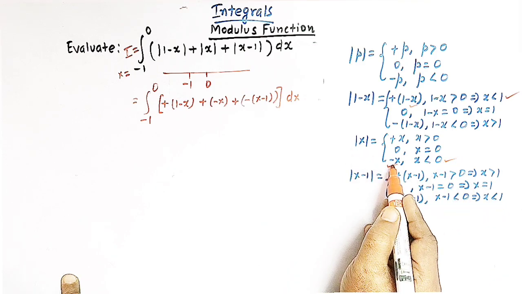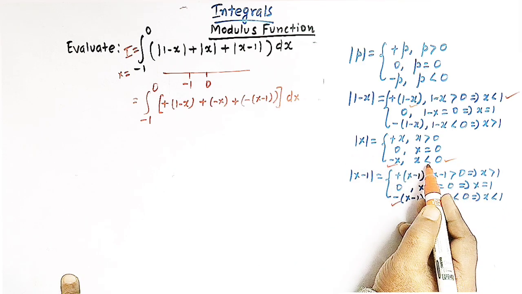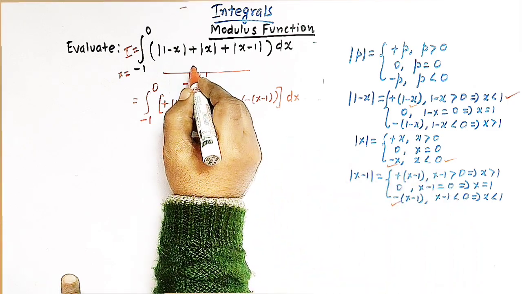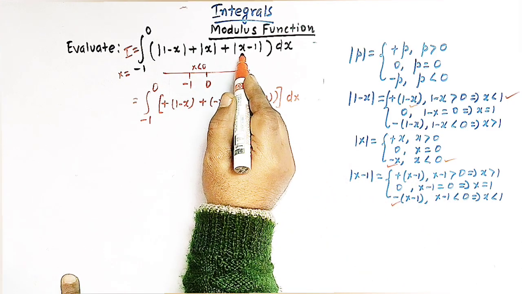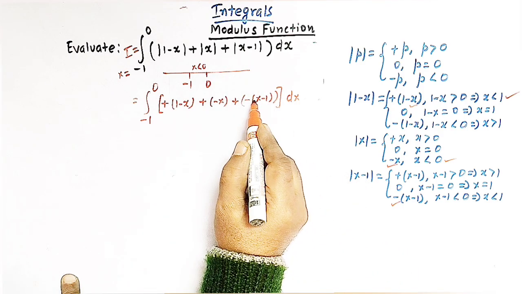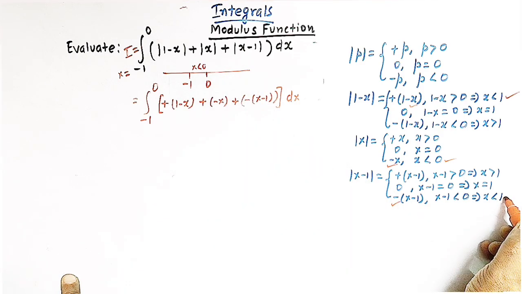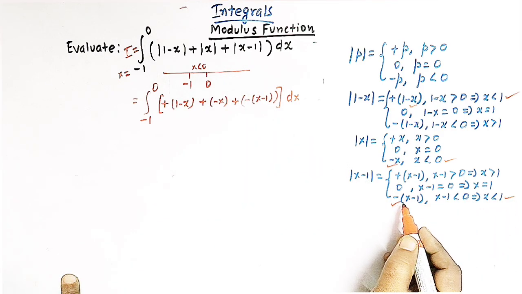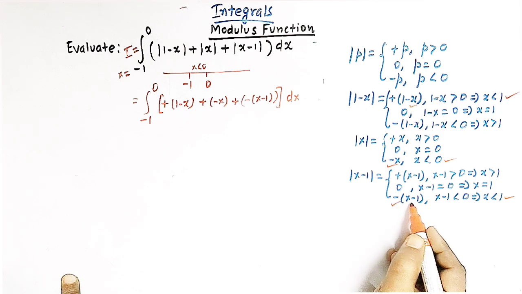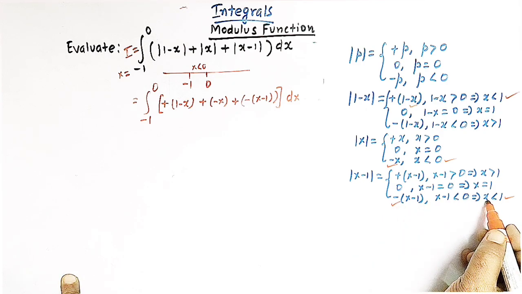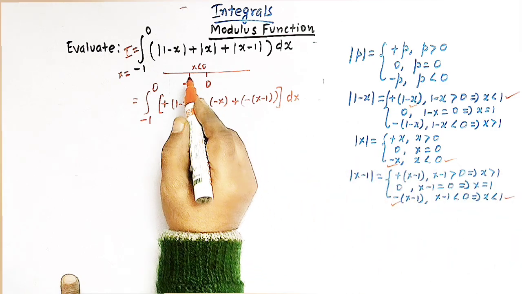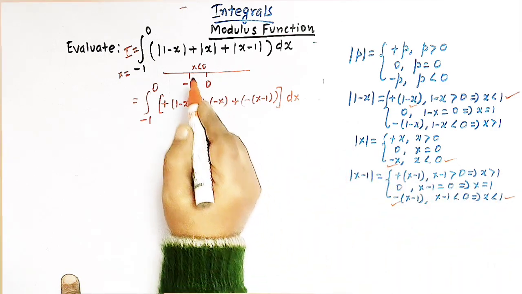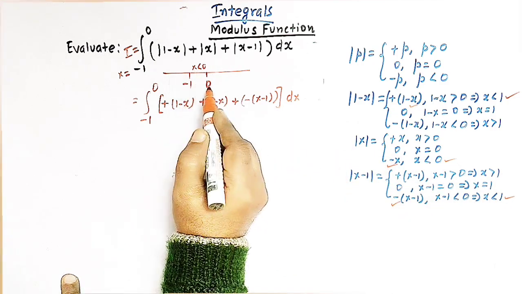Mod of x is equal to negative x when x is less than 0. So here x is less than 0. And in the third case, mod of x minus 1, we'll make use of this part of the definition, that is negative of x minus 1 when x is less than 1, right? So obviously all the x are less than 1 when x lies between minus 1 and 0.